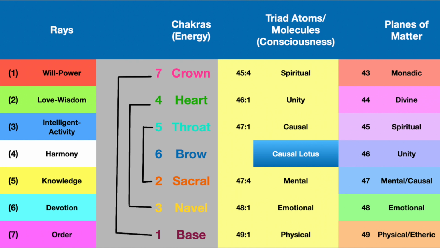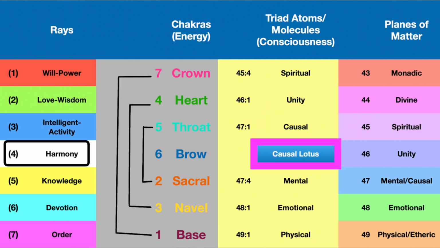This all makes perfect sense. The 4th ray of harmony is not linked to an atom or molecule, but to a structure that contains all 3 of the primary attributes. These attributes repeat themselves at all 4 levels of the causal lotus petals. See my previous presentation on the causal lotus to get a clearer picture of what I am saying.